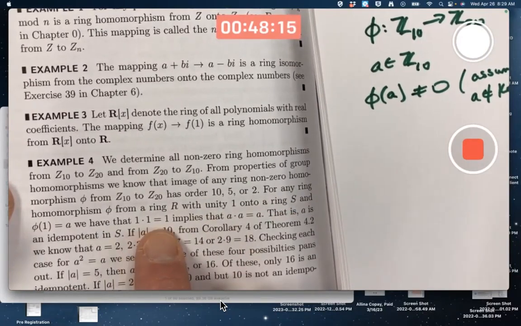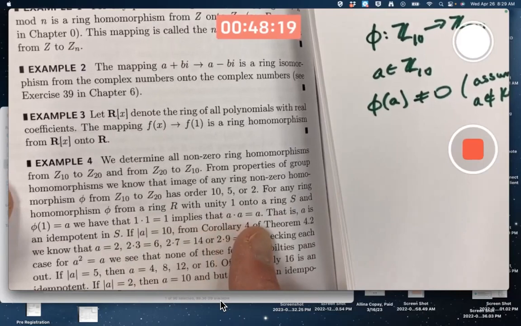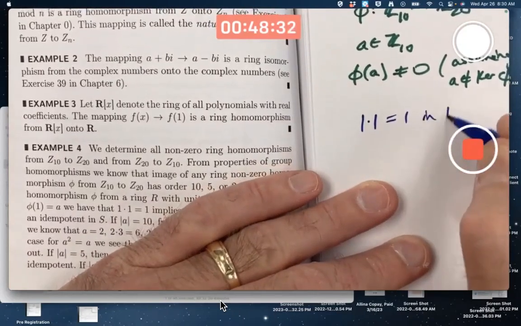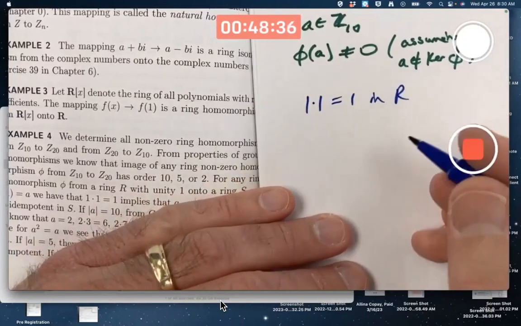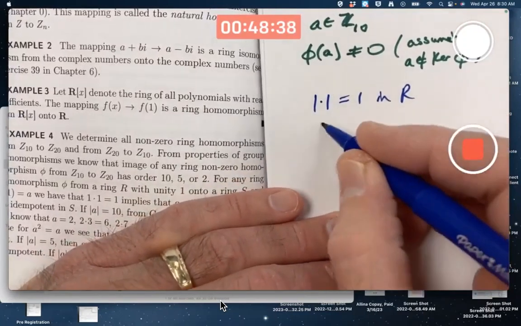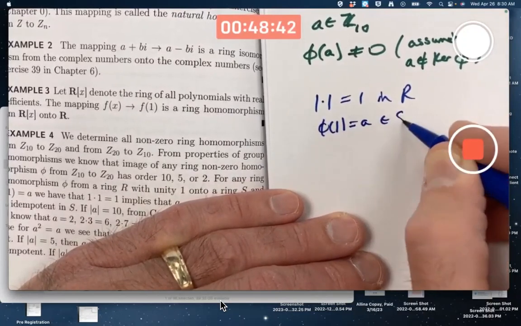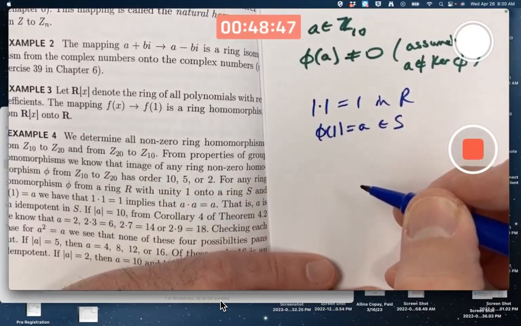Since 1 times 1 does equal 1 in R, this implies A times A equals A. Why? We're just doing scratch work to try to understand this example here. We're assuming phi of 1 is A in S. They're saying it must be the case that A times A equals A in S.